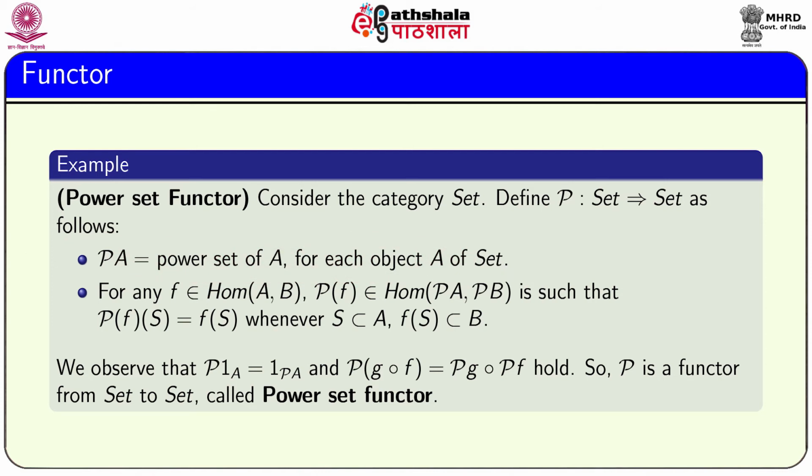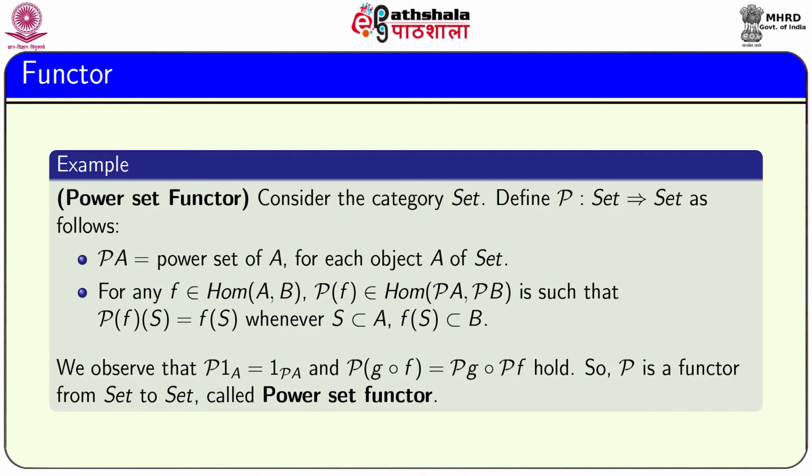For any f taken from Hom(A,B), Pf will be in Hom(PA,PB), which is given by Pf(S) = f(S) whenever S is a subset of A and f(S) is in B. We observe that P of 1_A is equal to 1 of PA and P of (g composed f) is equal to Pg composed Pf.